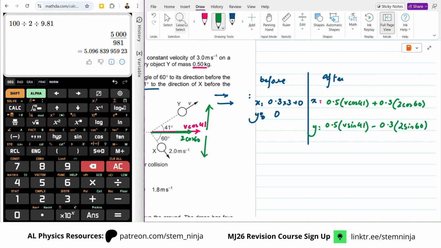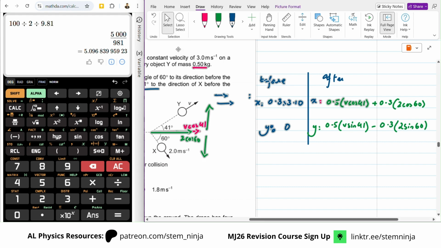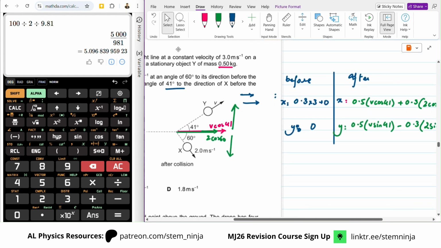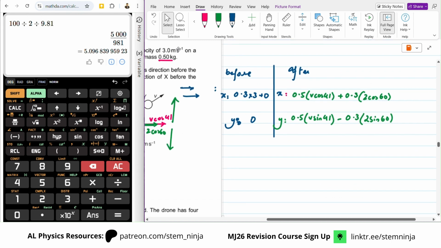Okay, so we can basically see what's needed. What do we actually need to find out? We need to find out v. I think we can use either one of them, because there is only one unknown in both of them.